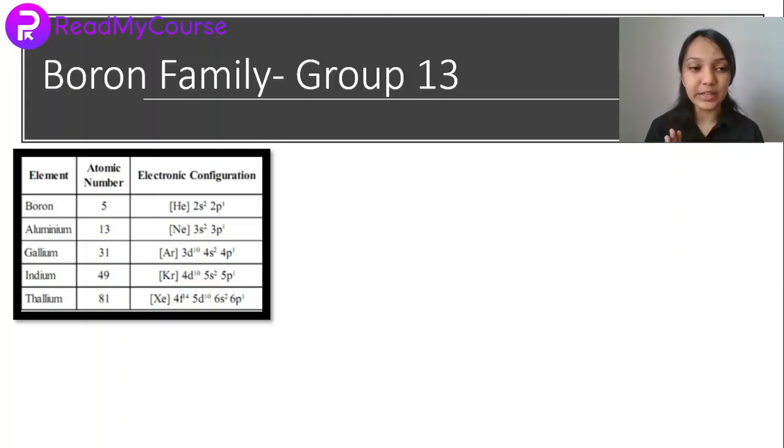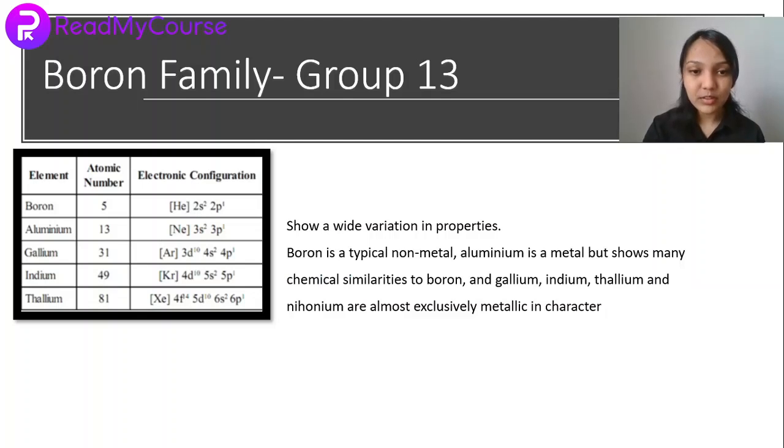From gallium, indium and thallium, all these have d orbitals, and thallium has f orbitals as well. So all these elements show a wide variation in properties, because after gallium, indium and thallium have d and f orbitals involved, the properties will differ anyway.